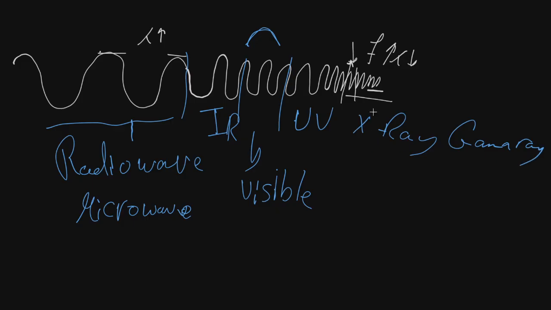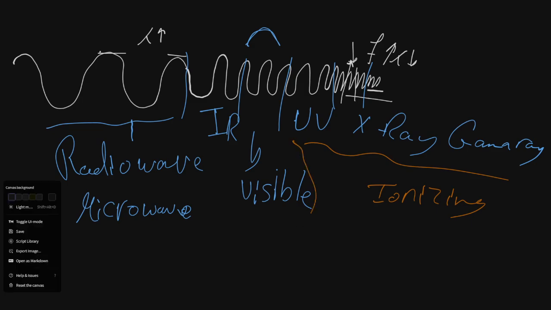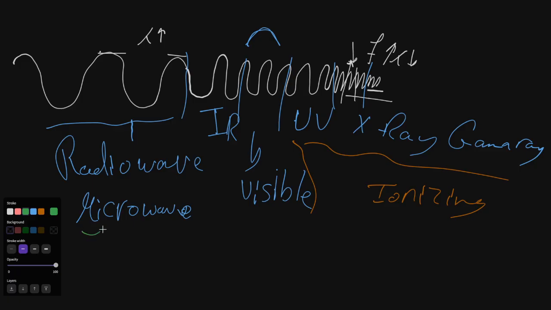The parts on the right are called the ionizing part, but the part here is the one we use in our communication, the non-ionizing. So why does any of this matter?